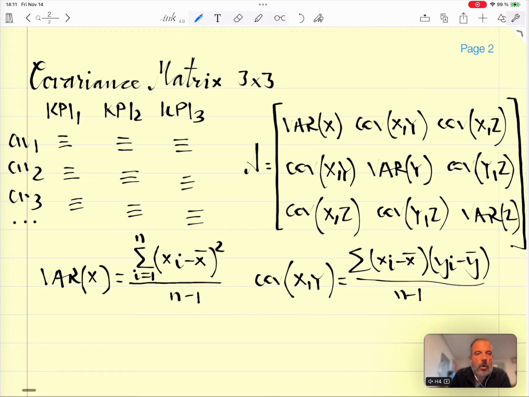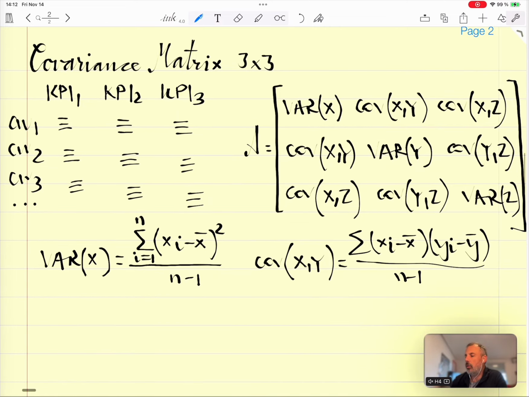So this is the covariance matrix, and by getting the eigenvectors of it, we would get our system solved. Okay. So some of you might know what the eigenvectors of a matrix are, some of you might not. Let's do an example.